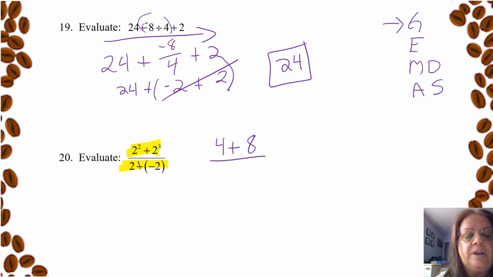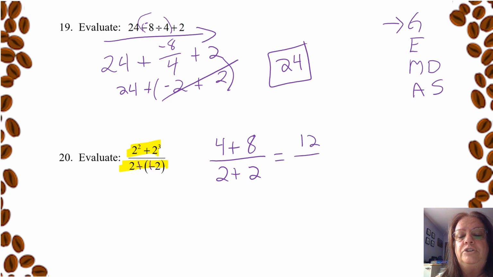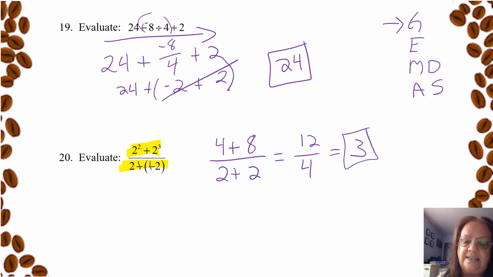Over, I'm going to do a plus the opposite, so I get 2 plus 2. Now when I add these up, I have 4 plus 8 is 12. Over 2 plus 2 is 4. But that's not simplified. And remember, my answers have to be simplified. Well, 12 has 4 in it. So when I divide 12 by 4, I get a nice even 3. Okay, and that's the end.